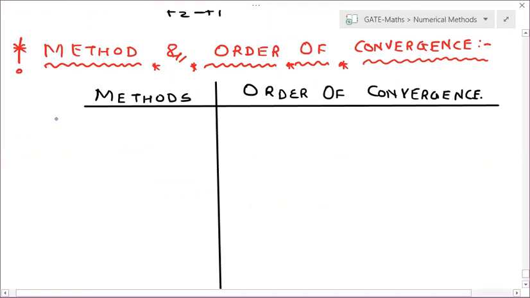So your first is the bisection method. The bisection method has linear order of convergence. That means its order of convergence is 1.